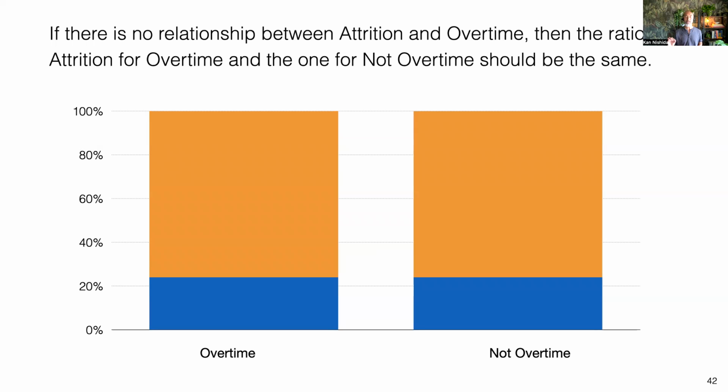Then the ratio of attrition for overtime and the ratio for no overtime should be equal. And the chart looks like this. Both of them are 20%, 20%. When you look at a chart like this, you think, okay, whether you work overtime or not doesn't really matter for whether you might quit or not, right?